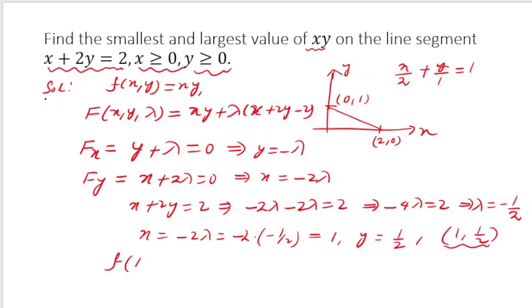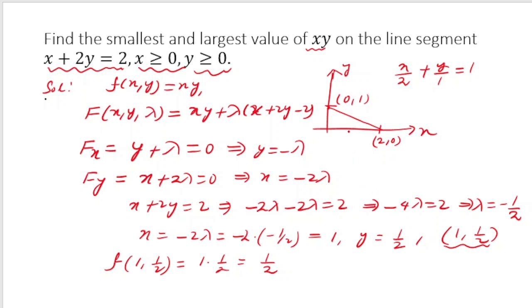So what is the function value at 1 comma 1 by 2? The function value at 1 comma 1 by 2 is 1 into 1 by 2, that is equal to 1 by 2. Now one thing you need to note: if we are talking about the maximum or minimum, or smallest or largest value of xy on this line segment, you have got a point on the line, that is 1 comma 1 by 2, right?